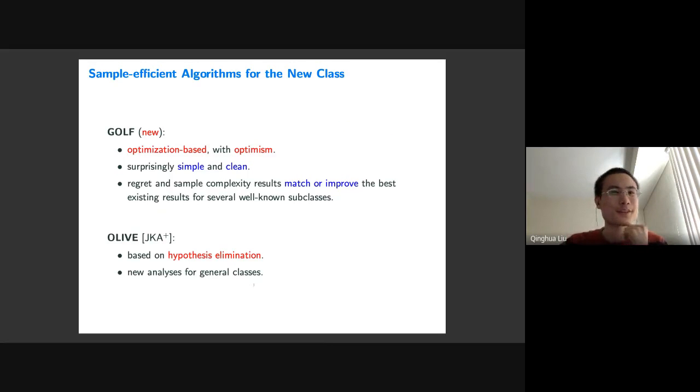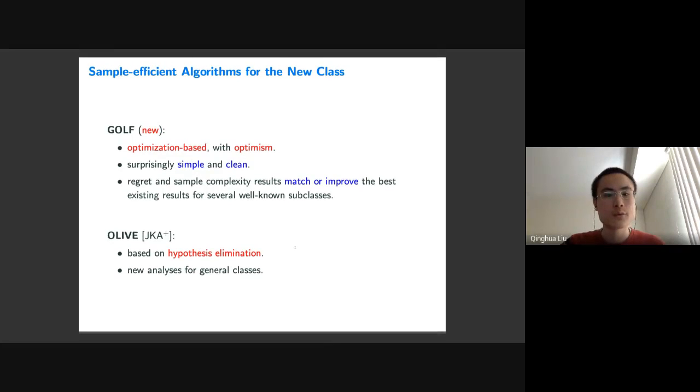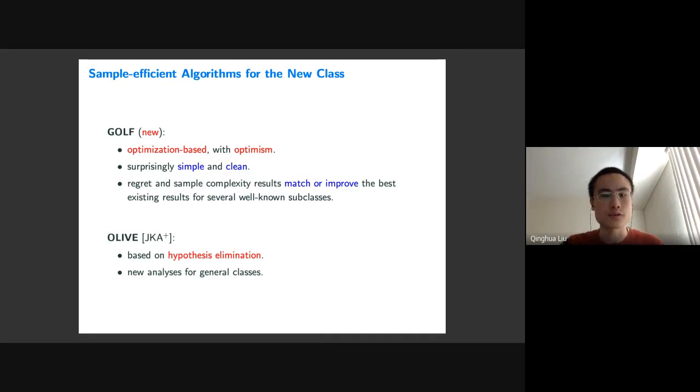Let's continue. So the second algorithm is an old one. This is proposed by Jiang et al. in 2017. It was initially designed to solve the low Bellman rank problems, and it's based on hypothesis elimination. In this paper, we provide a new analysis based on our definition of Bellman Eluder Dimension.